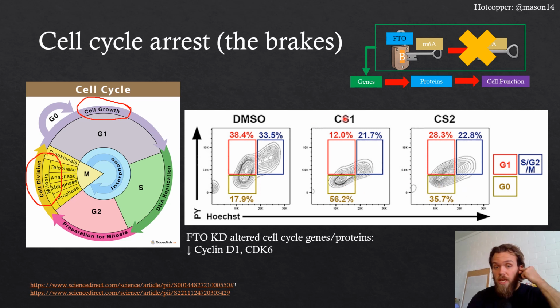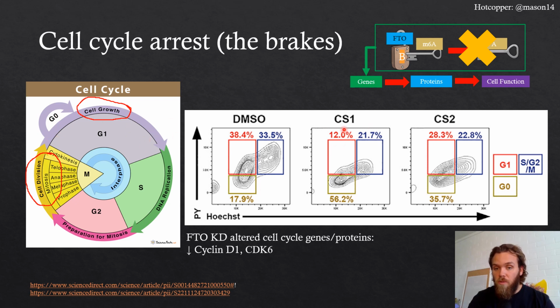And so what you'll see when we dose with CS1 bisantrene, compared to our control, is that there's 3 times less cells that are in that G1, that red box phase. And what that means is that by inhibiting FTO in here, it has influenced the genes, proteins, and cell function by slowing down this phase of the cell cycle.